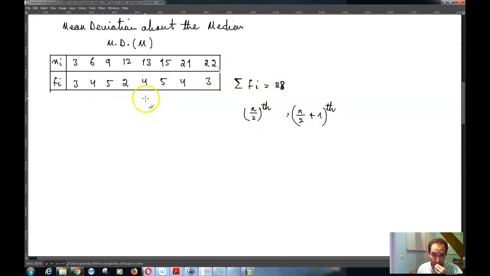So for the 14th and 15th, you need to add these numbers together to see where you get to 14 and 15. Here you have 7 plus 5 is equal to 12, and 12 plus 2 is equal to 14. That's the 14th observation, and the 15th observation comes here, meaning you get most probably 12 and 13. Let me see.